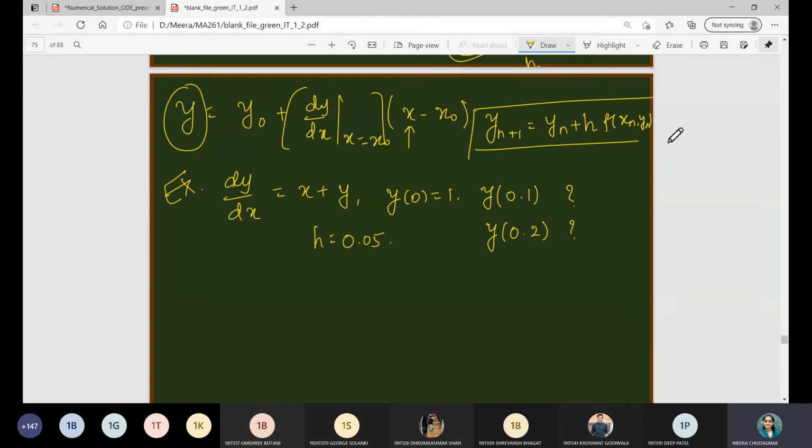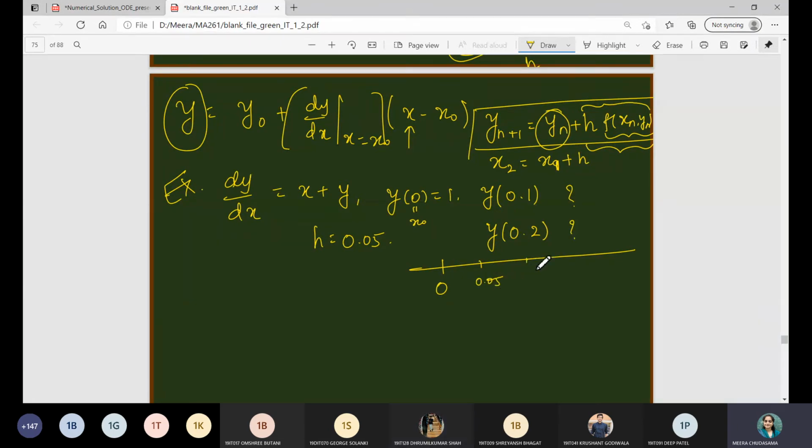To remember this: to go from x1 to x2, you add some quantity h to x1, and correspondingly for y we have to consider the previous value yn, plus h times the function value at xn and yn. This is called the increment in the previous step. To the previous step's value you add the increment so that you will get the new approximation, right? So if you see, the initial point we are given is 0, then consider 0.05.